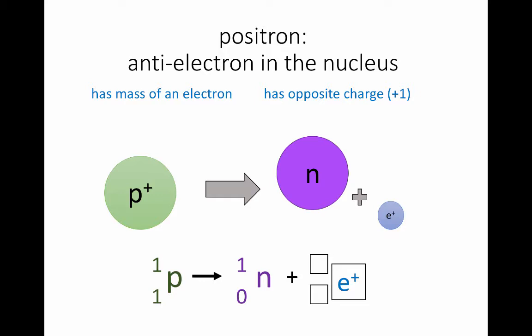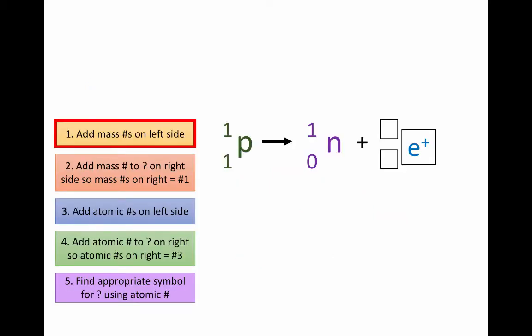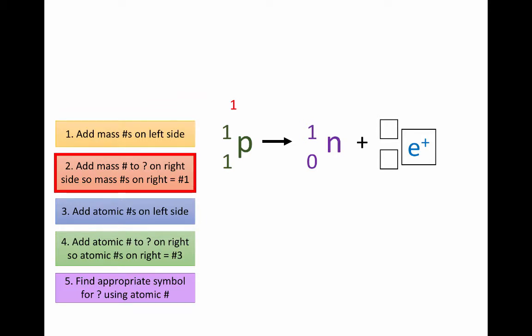We can once again figure this out by using our nuclear equation balancing. Add the masses on the left side, 1, since there's only one thing on the left side, and then that has to equal 1 plus whatever the mass number of a positron is, and that is going to be 0. So you can see this does still have the same mass as an electron or a beta particle, which we looked at earlier.